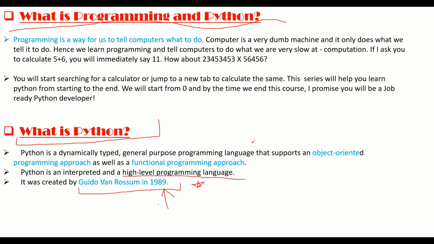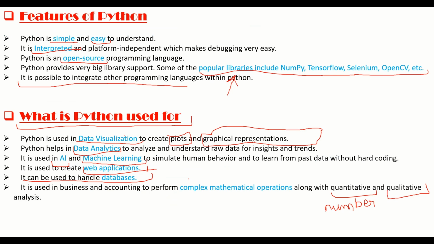Programming is a way for us to tell the computer what to do, and Python is a dynamically typed general purpose programming language that supports OOPS as well as functional programming. And what are the features of Python? So here are some features of Python and what Python is used for. So here are some uses of Python.